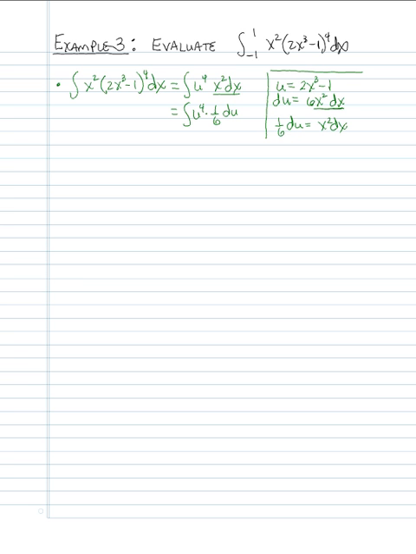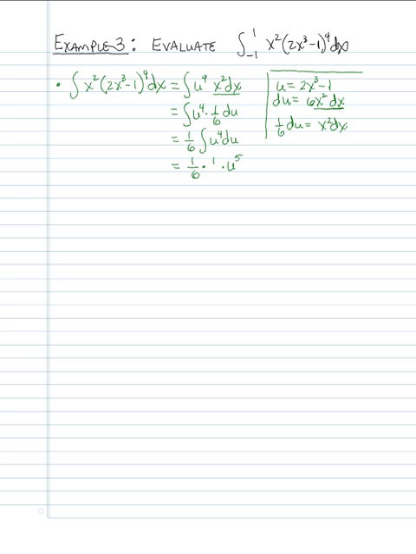And then we've seen before that that 1/6 constant can be factored to the outside of the integral. So we'd say 1/6 times the integral of u to the 4th with respect to u. Now that we know how to integrate, we have our 1/6 outside the integration, and we integrate u to the 4th, which says we increase the power by 1, so we get u to the 5th.